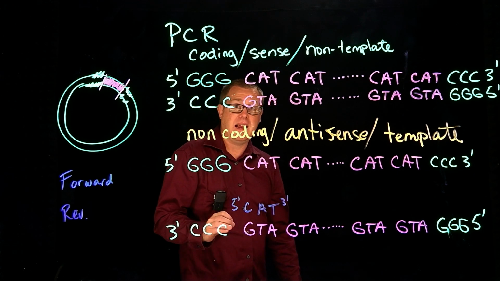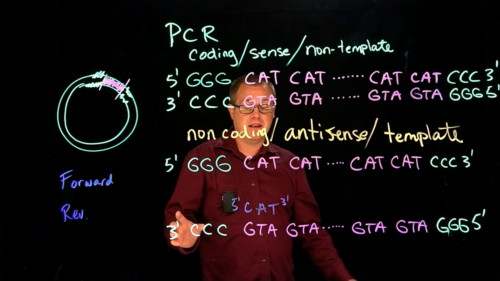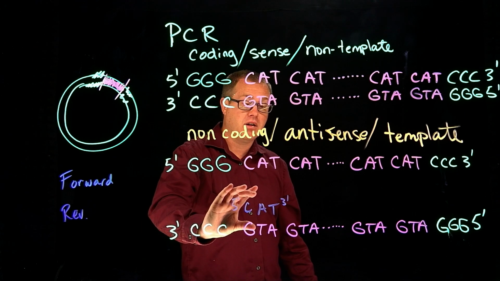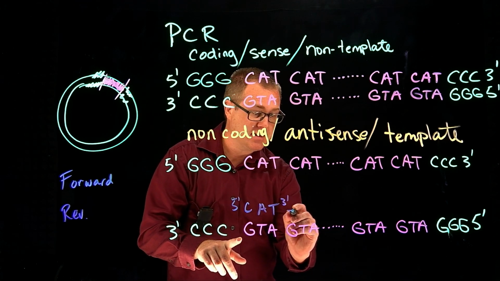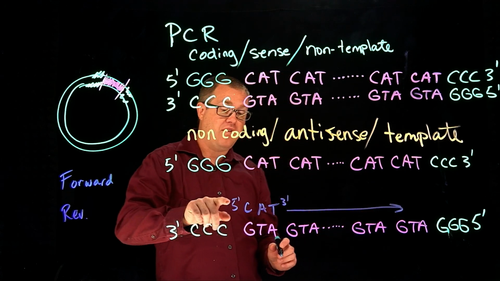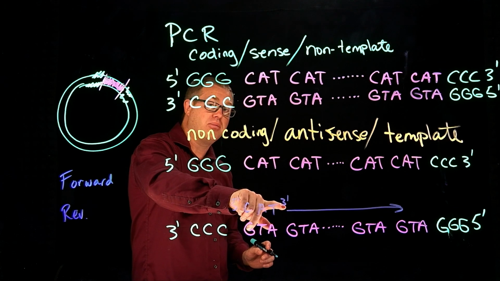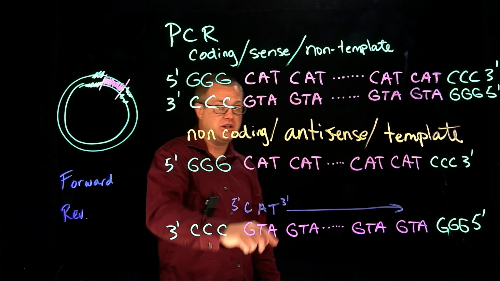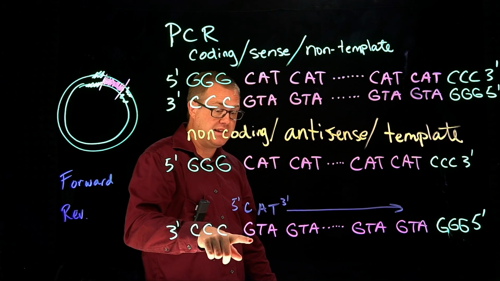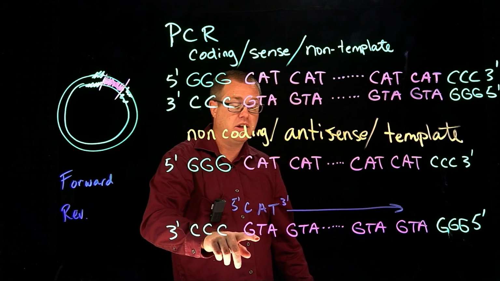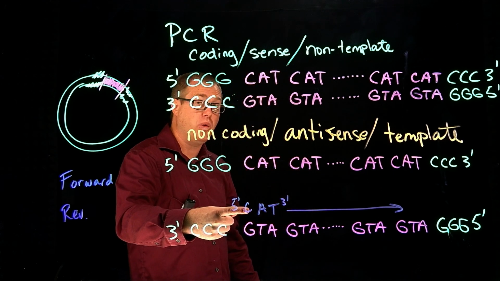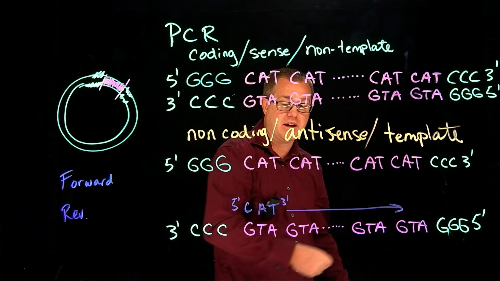And so when the DNA polymerase attaches here, how is this strand going to be synthesized? It's going to be synthesized in the 5' to the 3' direction. So we are synthesizing the template, right? Or we're using this template right here to synthesize the coding strand in the 5' to the 3' direction.